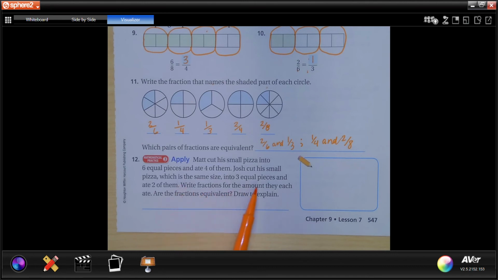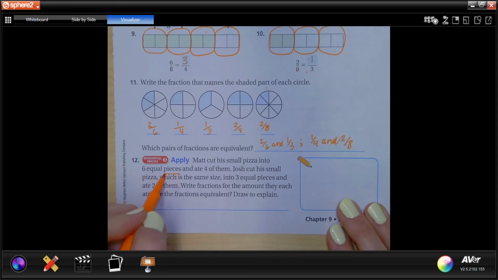Write fractions for the amount they each ate. Are the fractions equivalent? Draw to explain. Okay, so Matt cut his small pizza into 6 equal pieces and ate 4 of them. Josh cut his small pizza, which is the same size, into 3 equal pieces and ate 2 of them.